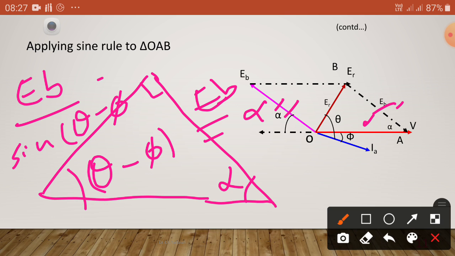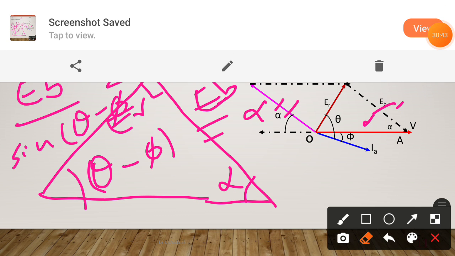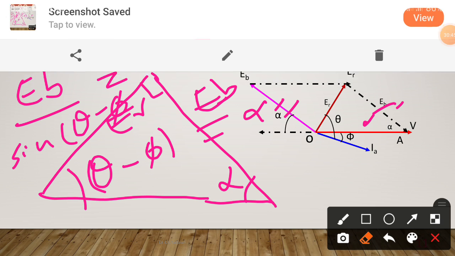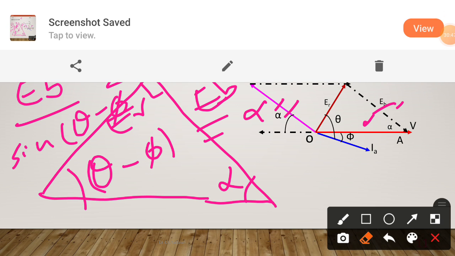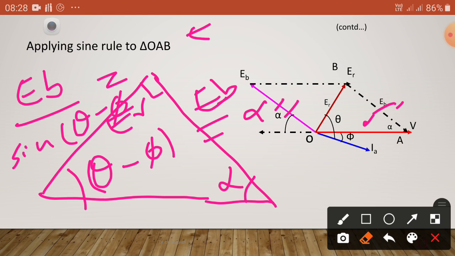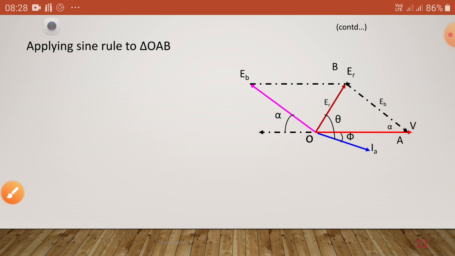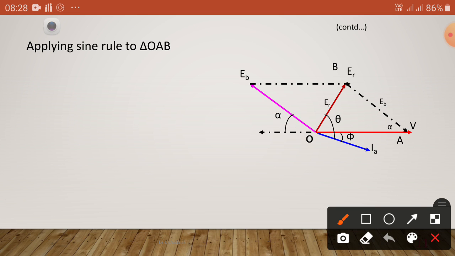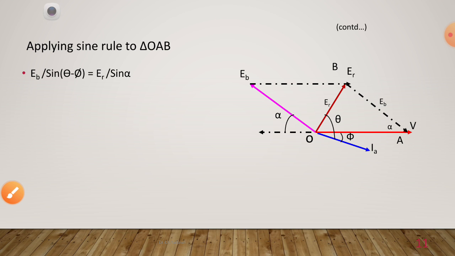This is equal to, at the same time, ER by sine alpha.